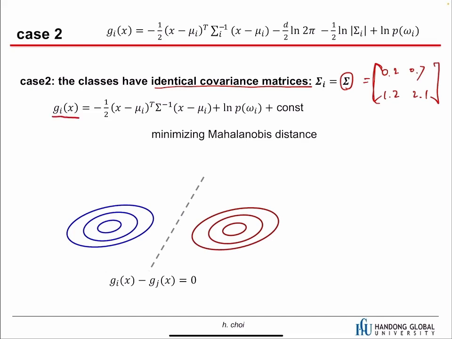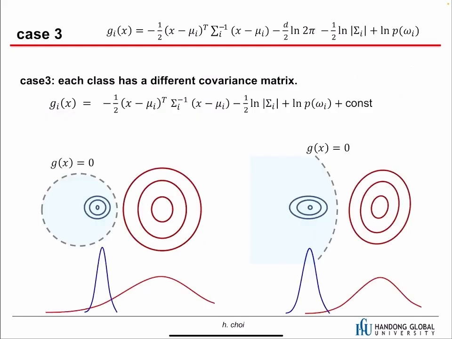So for g sub i, instead of sigma i, we can have just sigma. So this one is independent of class, okay? But we might have different means, mu i, and different priors. In this case, the boundary surface such that g i minus g j is 0 is linear. If you have more time, then you can calculate the equations by yourself. Okay, we are not going to go further than this. This is enough, I guess.